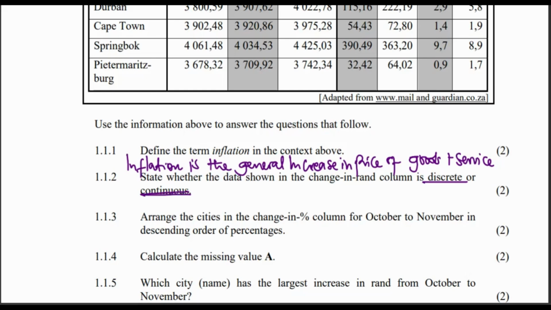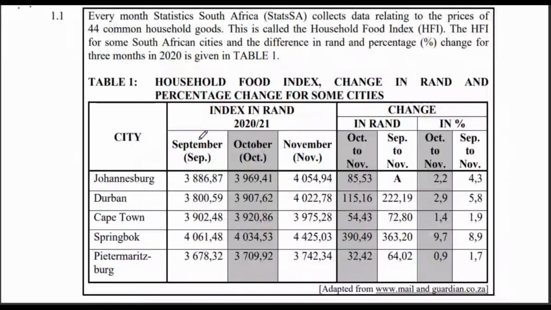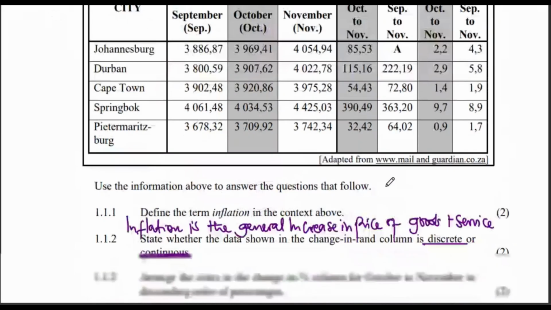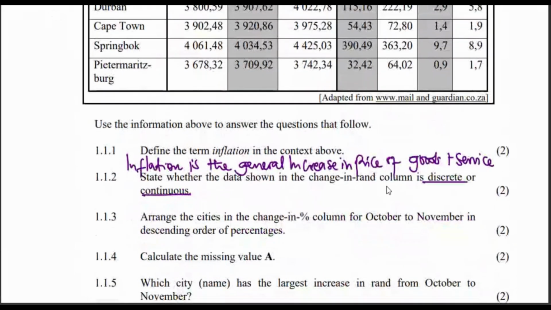State whether the data above in the change in rand column is discrete or continuous. Now, a number becomes continuous when it has commas or if it's measurable. When you look at the change in rand column, it shows the change in rand. We shall say it's continuous, but because it's money, someone else could say it's countable and give a reason for it.